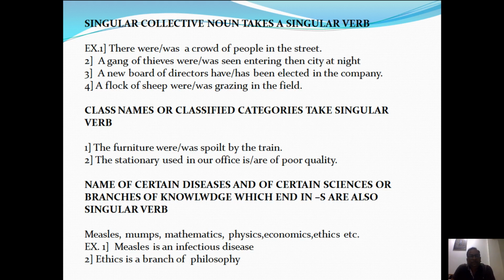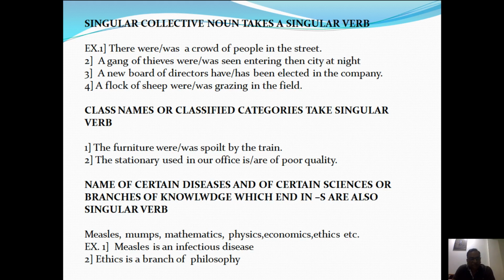Singular collective nouns take a singular verb. I will give you the answers, just read carefully, so that it will be a practice for you and you can identify it. There were a crowd of people in the street. What should be the correct answer?